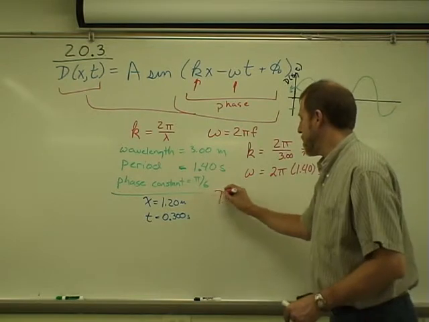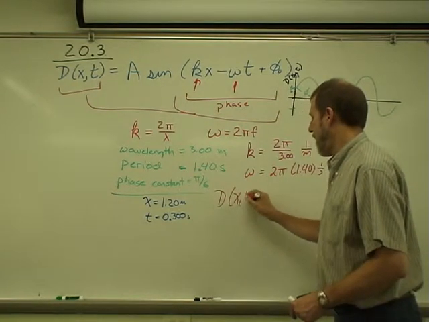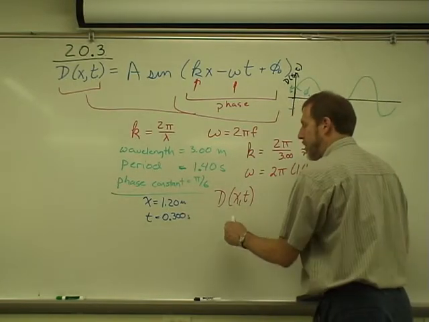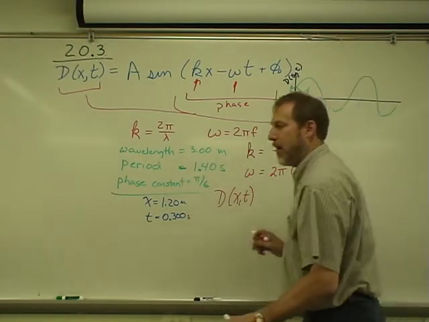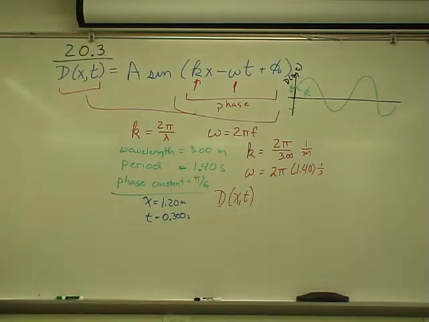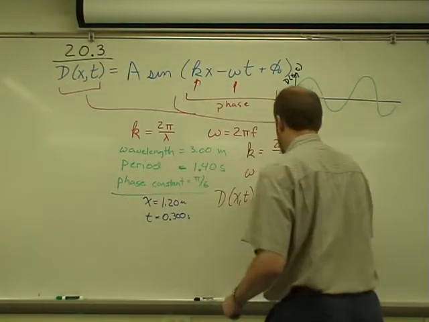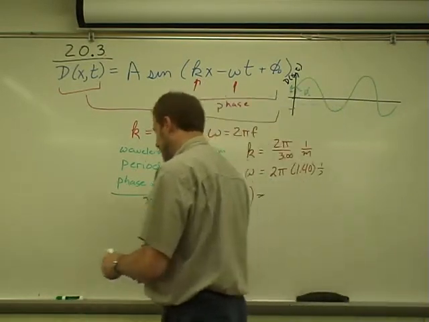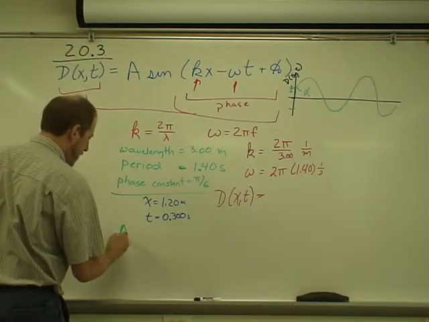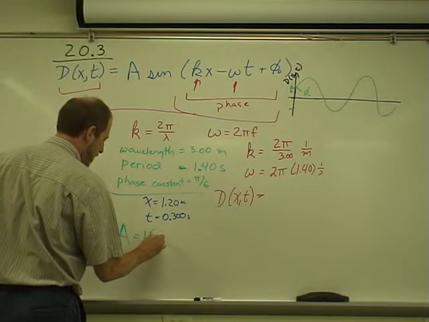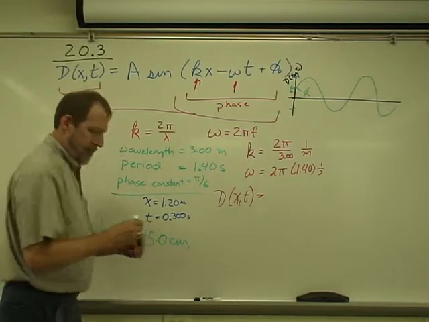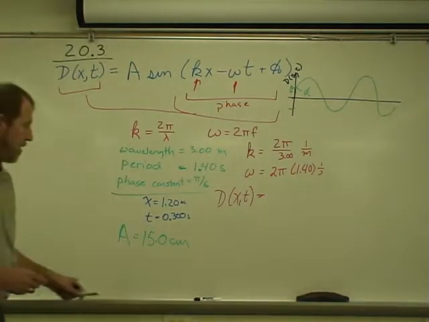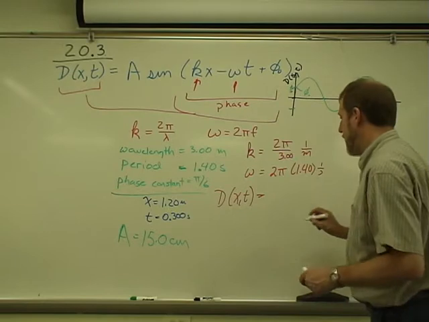So the displacement at x equal to 1.2 meters and t equal to 0.3 seconds would be equal to A. Well, I haven't picked an A. Okay. Let's say that A is 15 centimeters.